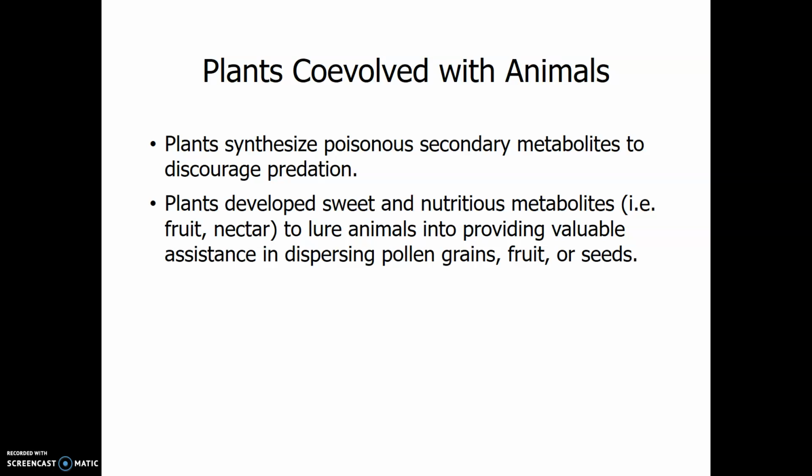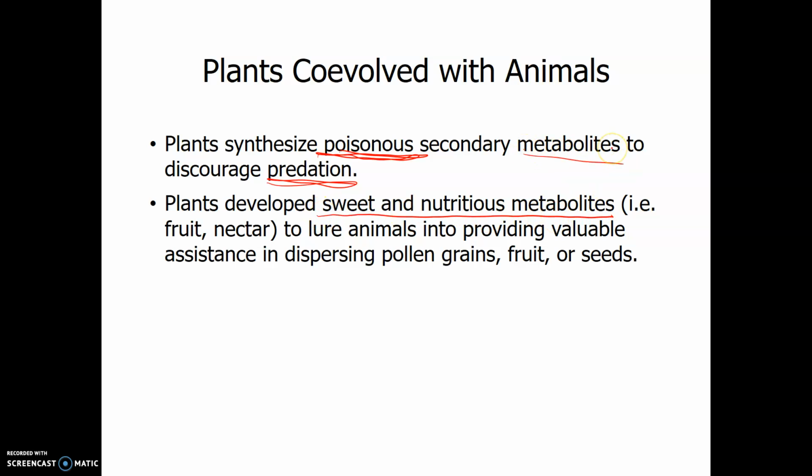So plants co-evolved with animals. We notice that plants will evolve poisonous toxins that discourage predators from eating them. And they also developed sweet and nutritious metabolites.